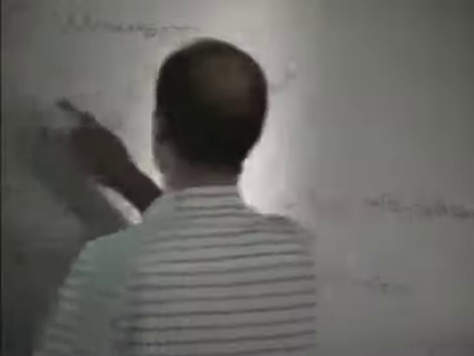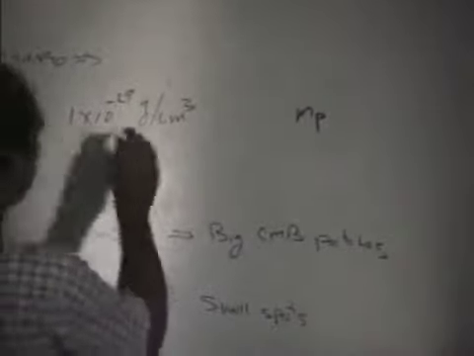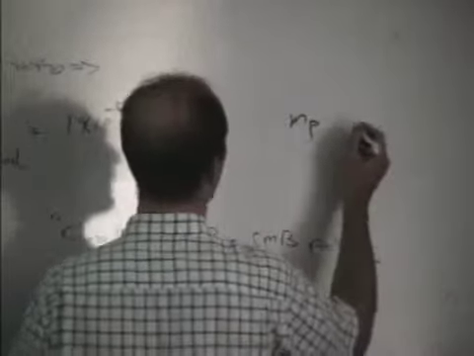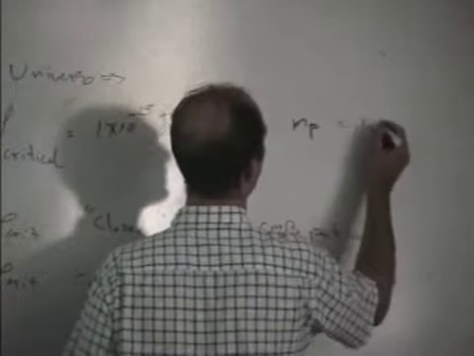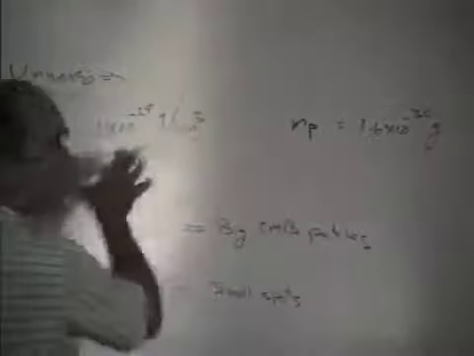So the question is, what is this matter? The mass of a proton is about 1.6 times 10 to the minus 30 grams. So this is a very low density, but gravity interacts over enormous distances.